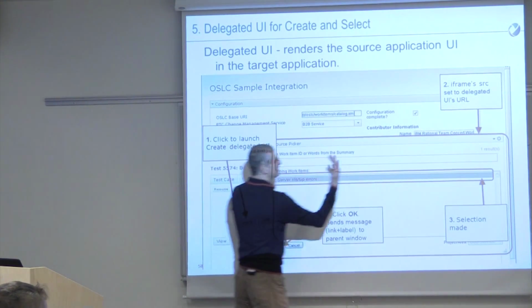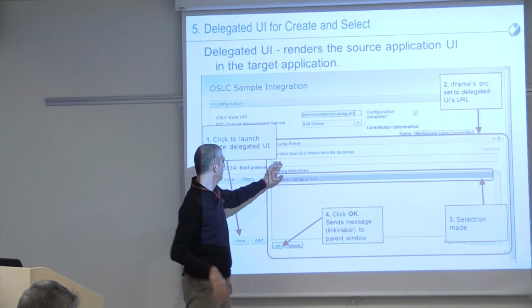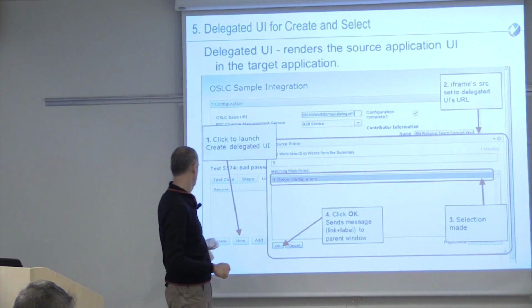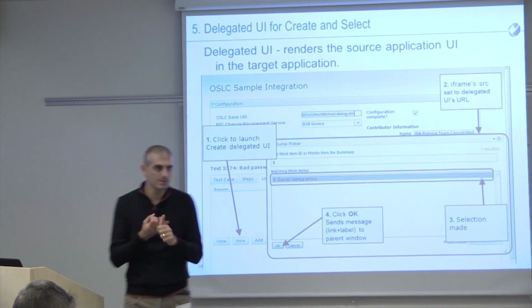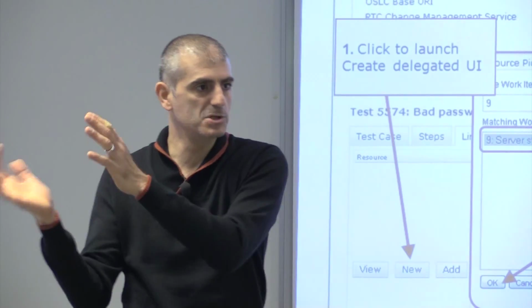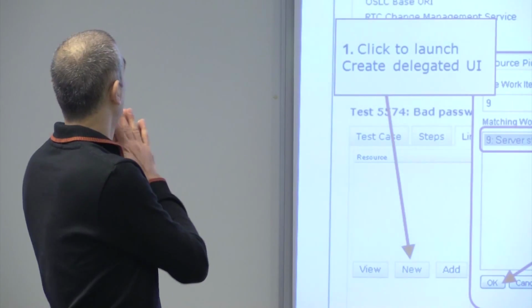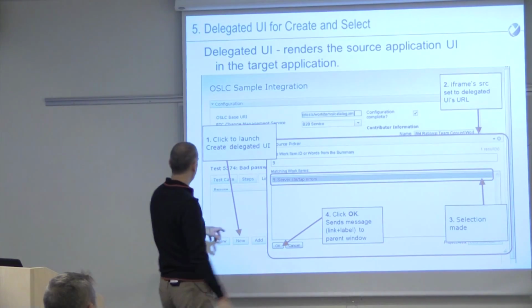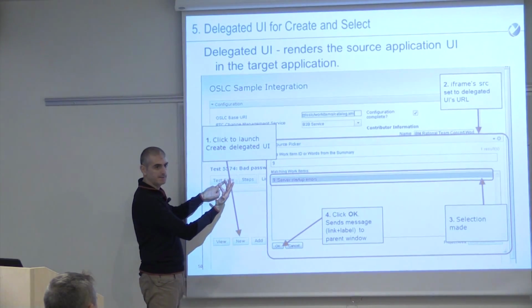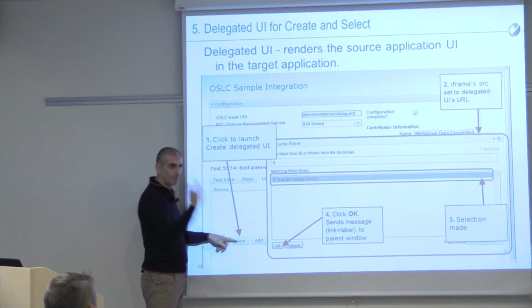You get this pop-up, which is a whole different environment. There are two types of delegated UI. Creation, where you're delegating the creation of a resource, or what's the other one called? Selection, where you can do a query. So here you want to link a test case to a work item. How do you find the work item to link to?